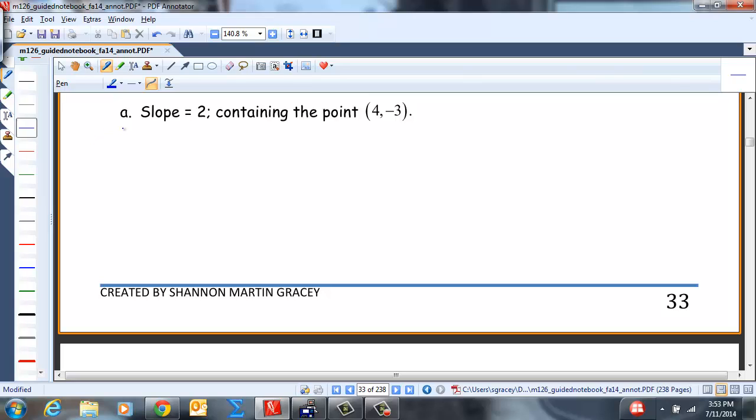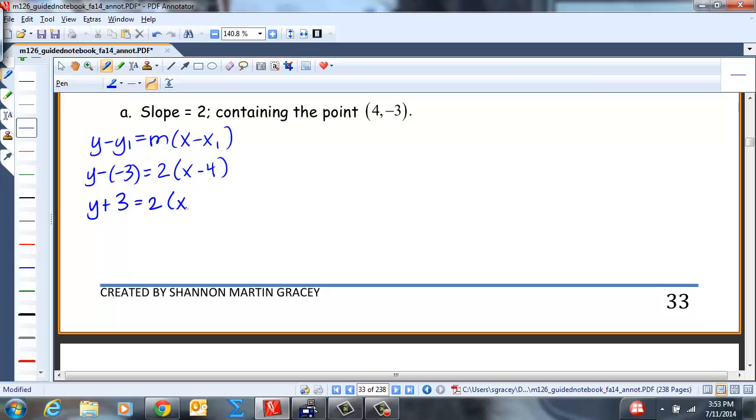So let's use y minus y1 is the slope times x minus x1 to get us started. So plugging in -3 for y1, 2 for m, and 4 for x1, we'll have y plus 3 is 2 times x minus 4. So we're going to work with that and get it into the two desired formats. So that's point-slope form right here.